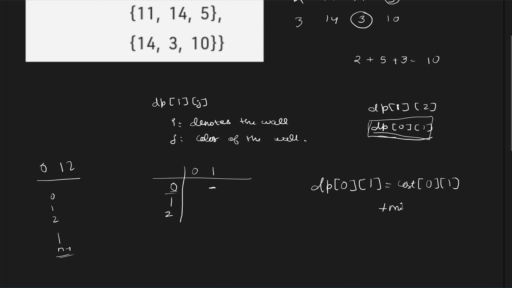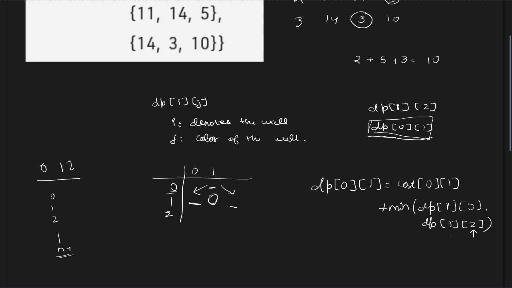Plus I'll have to take the minimum of, so for the next wall I cannot take this color. The only option I have is to take this color or this color, right? So my answer would be dp of, now for the next wall I'll have to increment this value by 1, and I cannot take the 1st color, so I'll take the 0th color, and for the same wall I can also consider the second color, or the color at index 2 more precisely, right?